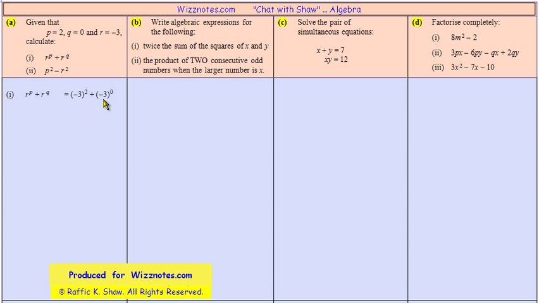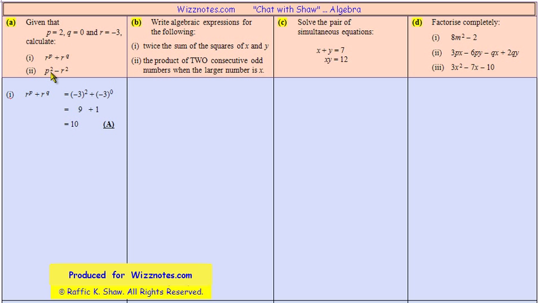And then (-3) to the power 0 is going to be equal to 1, because any number raised to the power 0 is equal to 1. Alright, so this is going to be equal to 9 plus 1, and our answer therefore is 10, and that's the answer for part 1.